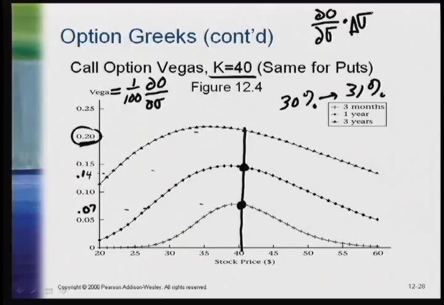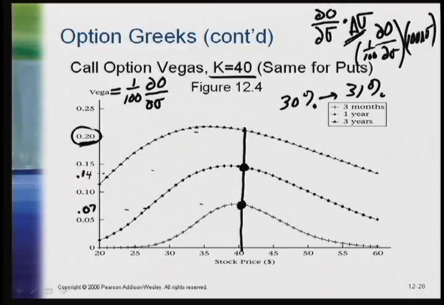So this measure of vega takes the derivative and divides by 100, and then it multiplies delta sigma by 100, so it's now in percentage units. So instead of going from 0.3 to 0.31, which is what we would use for delta sigma, it goes from 30 to 31.